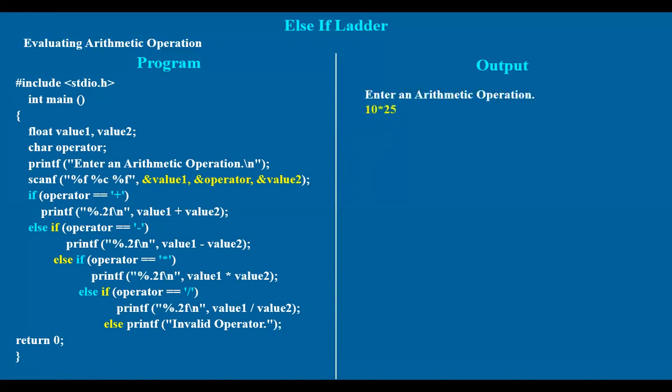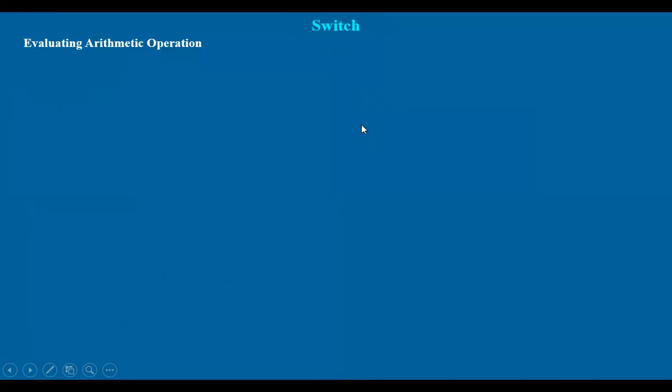Similarly, multiplication 10 into 25 is 250. This third operation is executed, and 25 by 5 is 5. So like this, we will be getting the arithmetic operations.